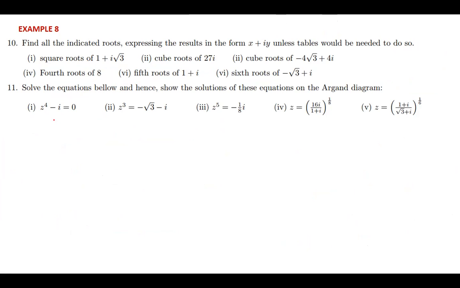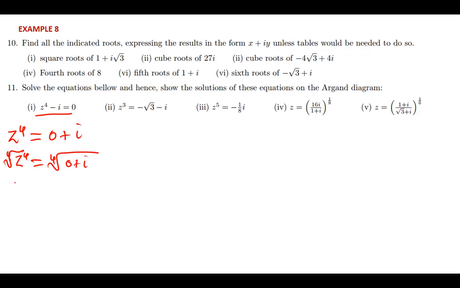I'll start with the first one. So we have z to the power 4. When I take this negative i to the other side of the equal sign, this will be 0 plus i. To get rid of the 4 on the left-hand side, I have to find the fourth root of z to the power 4, and on this side, the fourth root of 0 plus i.